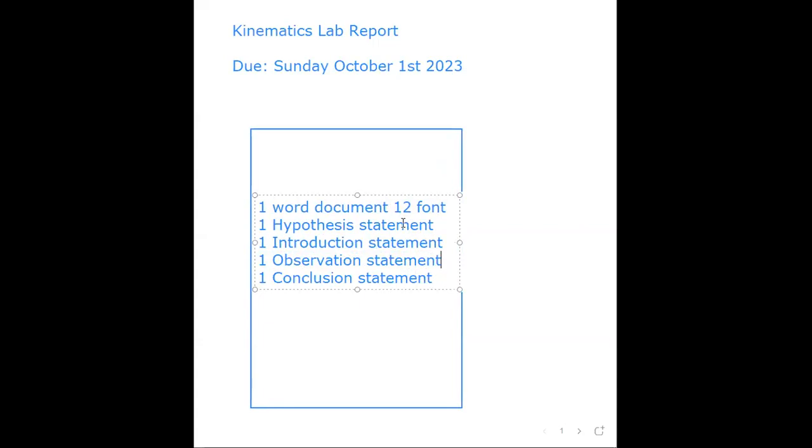Your hypothesis statement should be before you even watch the YouTube video. Just have a prediction of what the experiment's about. Then the introduction statement's standard: what is the experiment about? You usually find that in the first 5-10 minutes of the video. And then the observation statement and then the conclusion statement.